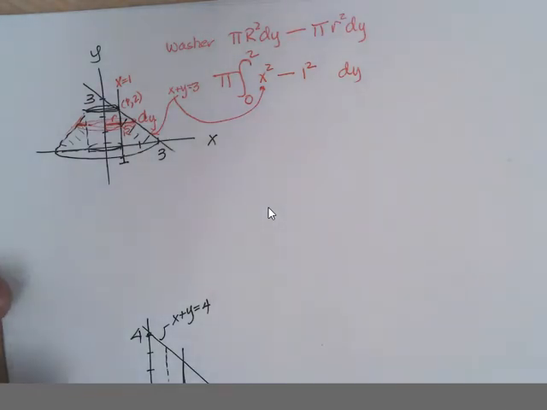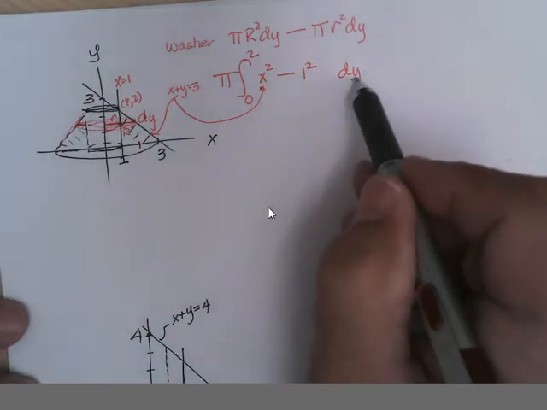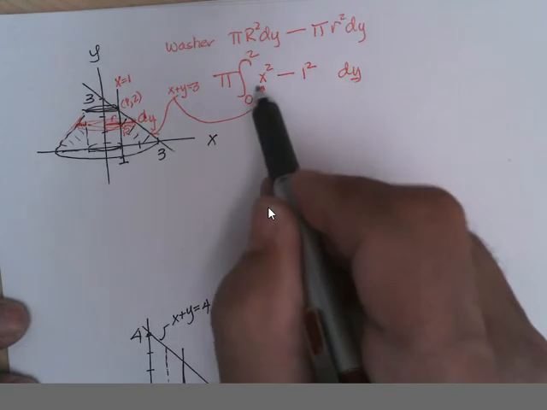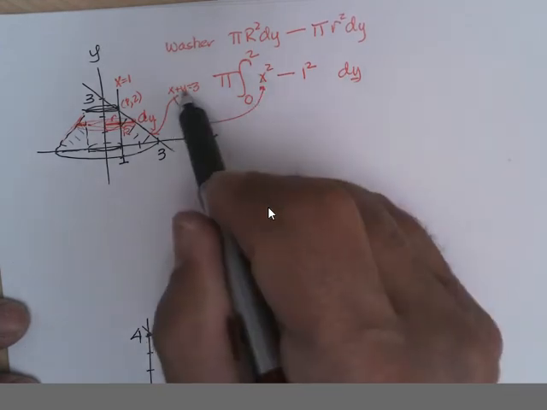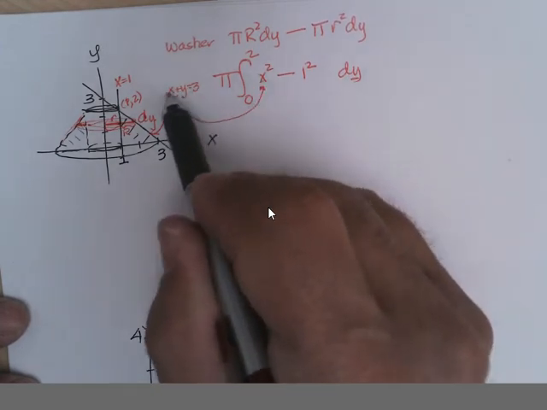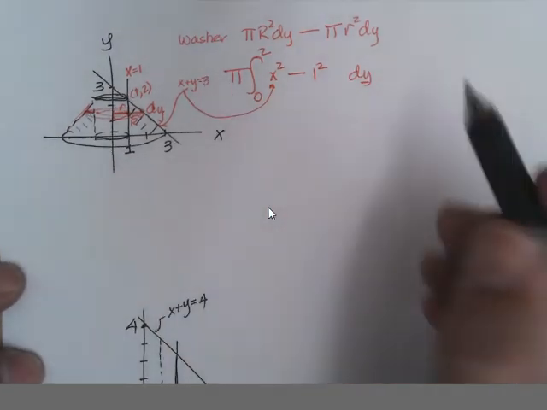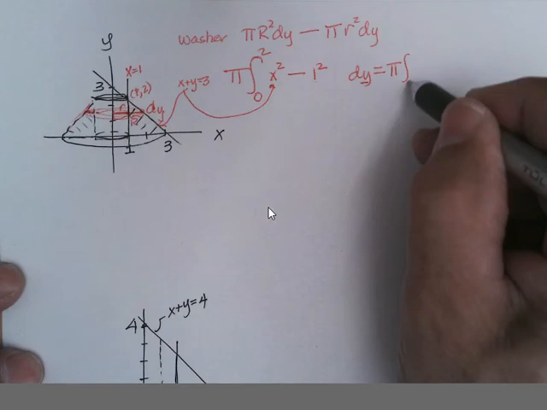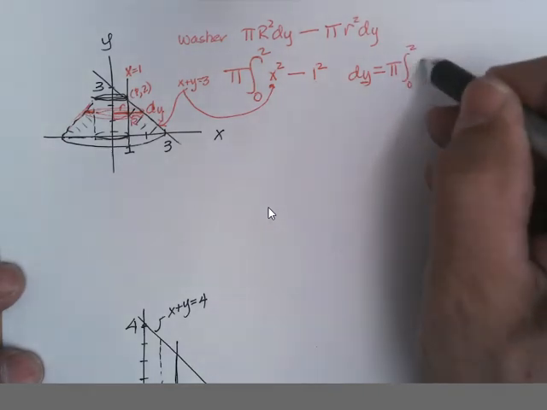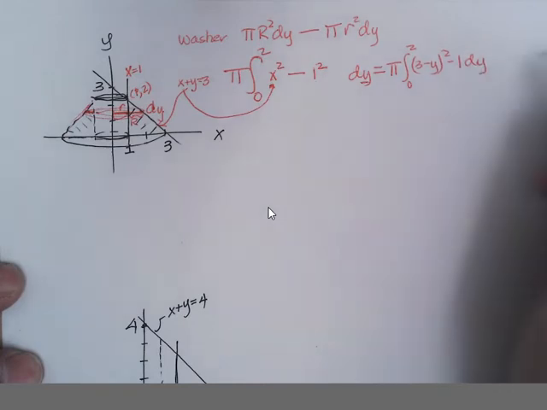So the only problem is this is dy. This doesn't have an x in it. This has an x, so we have to get the x changed to a y, and we can do that by solving this equation for x, and it becomes 3 minus y, so this becomes pi, integral from 0 to 2 of (3 minus y) squared minus 1 dy.